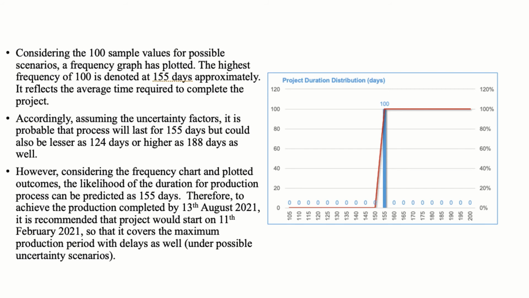Therefore, to achieve production completion by 13th August 2021, it is recommended that the project start on 11th February 2021, so that it covers the maximum production period with delays under possible uncertainty scenarios.